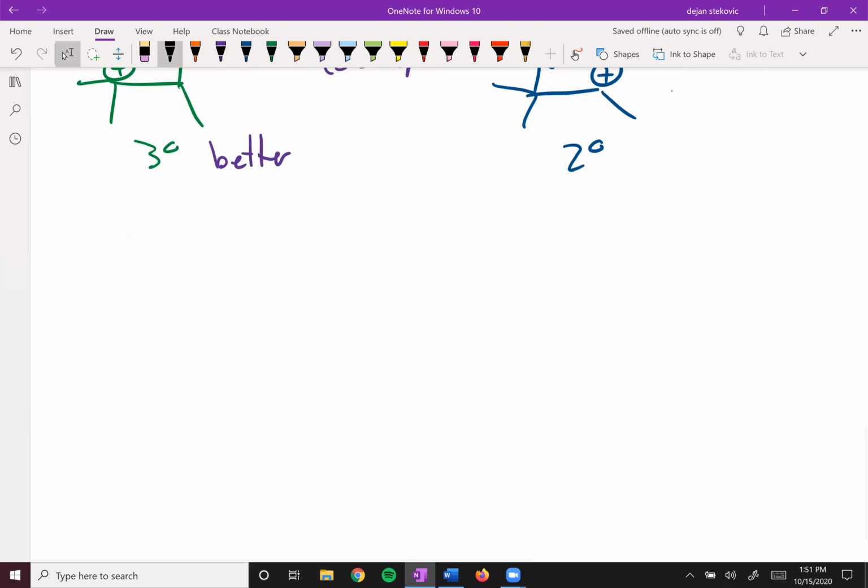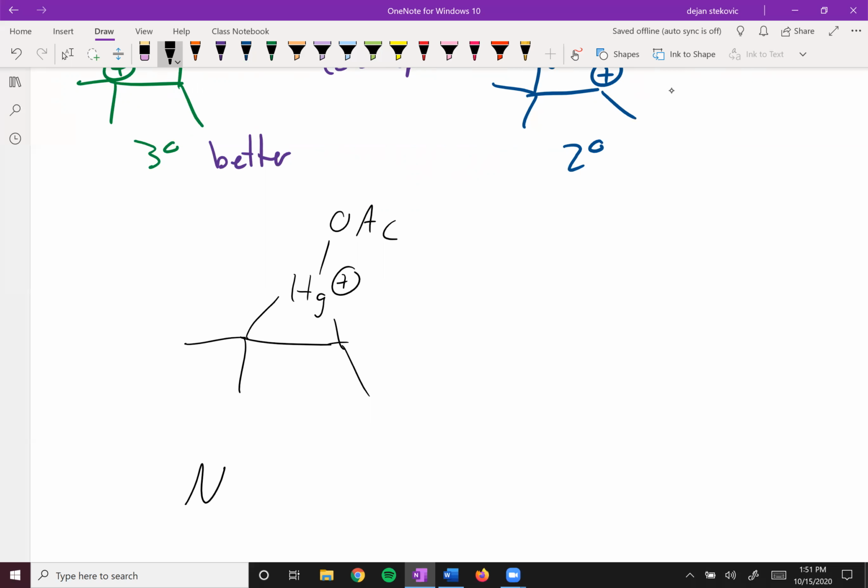And so in this second step of our mechanism here, we have our nucleophile, usually connected to an H. So usually this is water. And it's going to use its lone pair to attack one of these carbons. And so it's going to attack the more substituted carbon, because this carbon right here is more electrophilic.